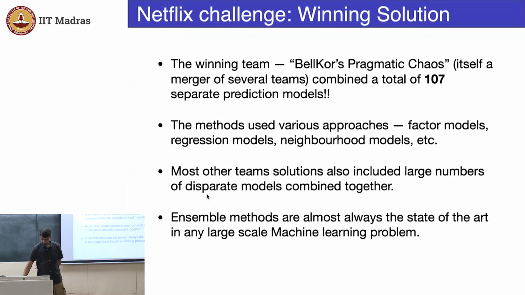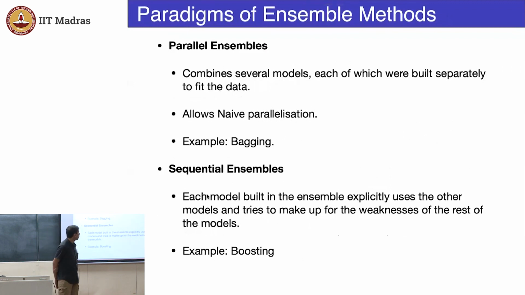All right. So there are 2 paradigms of ensemble methods: parallel and sequential ensembles. What I told you is a classic example of a parallel ensemble. That is, each model in the ensemble is built independently, right?